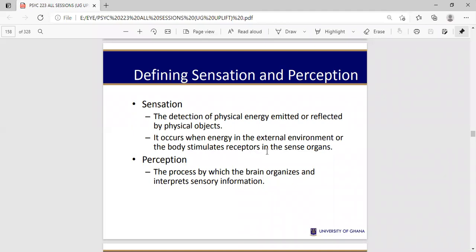These light rays are then forwarded to the brain for interpretation. Those light rays will be integrated and organized within the brain. Then out of it, interpretation will come and let you know that, oh, this is the color blue. And when that happens, it means perception has taken place.